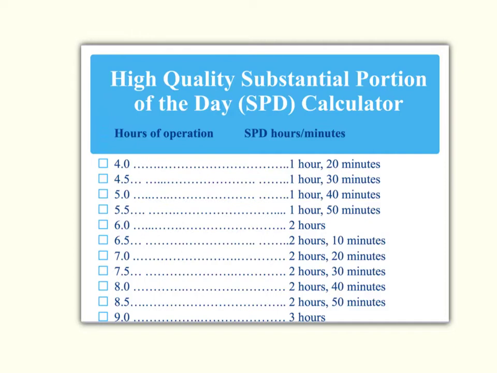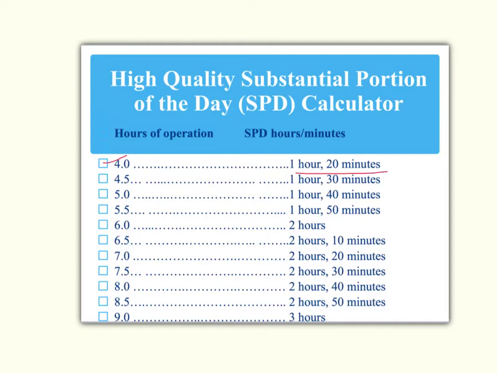So if you look at the very first one, you will see that for a center that is open for 4 hours, the substantial portion of the day is 1 hour and 20 minutes, which basically means that when you're adding up your columns, for a 4-hour program, you're going to want to make sure that children have access to those centers for at least 1 hour and 20 minutes.